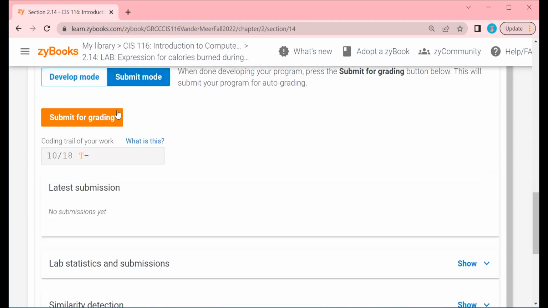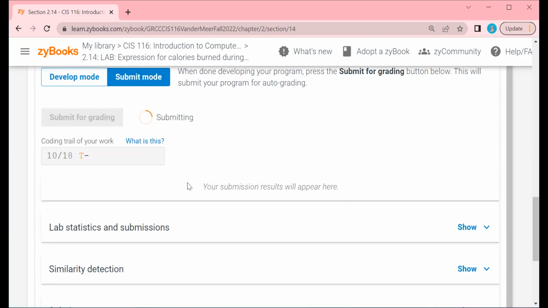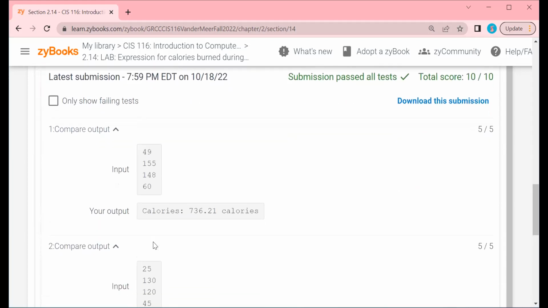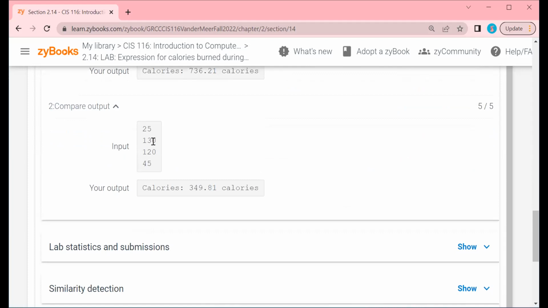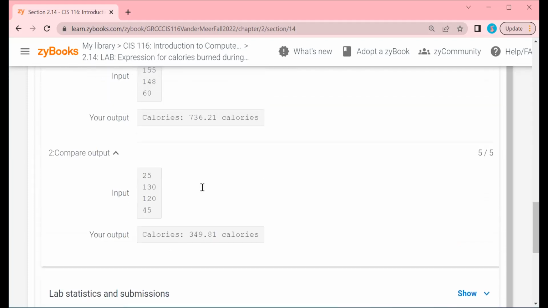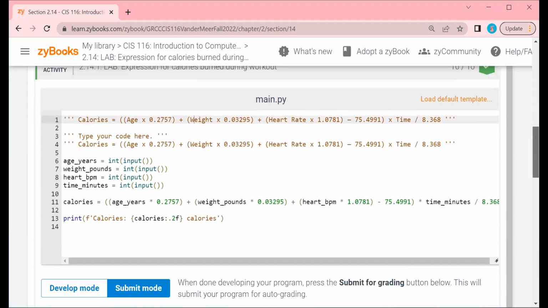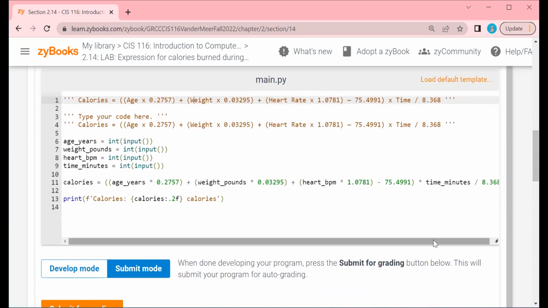So submit mode, submit for grading, and they give us a couple more examples. If you're 25 and 130 pounds and your heart rate is at 120 for 45 minutes, you're going to burn 349 calories. I think this one's a little bit more straightforward. I agree.